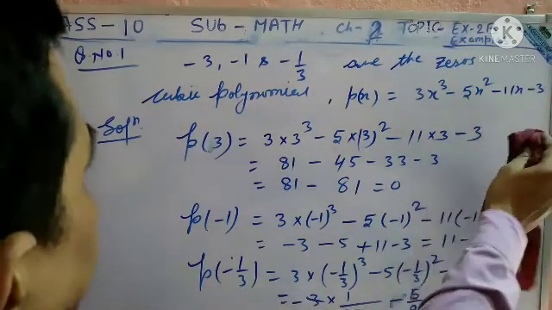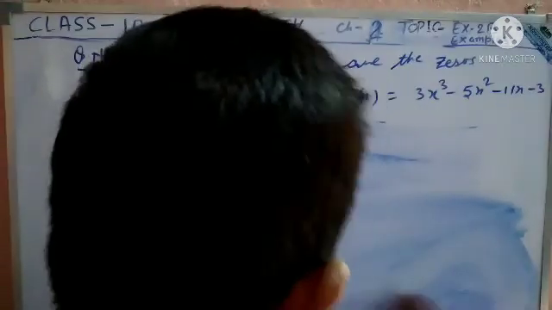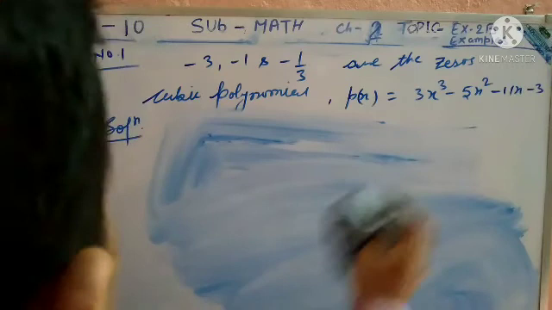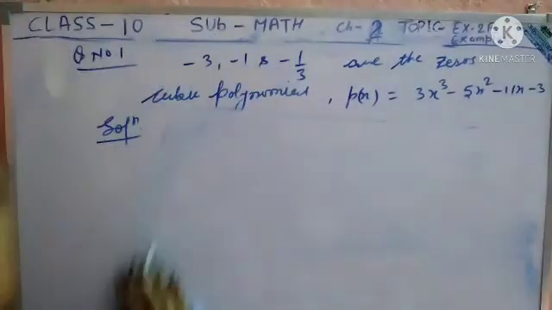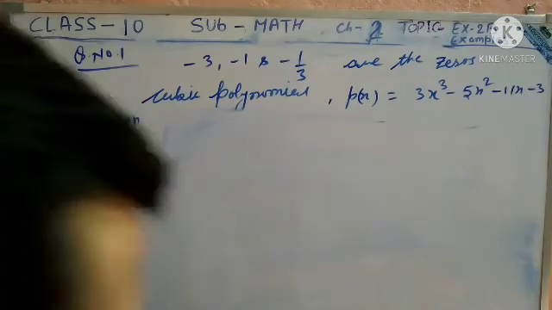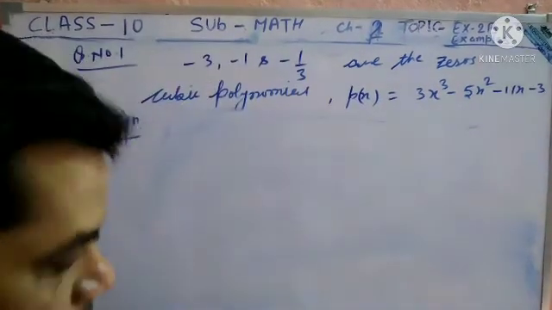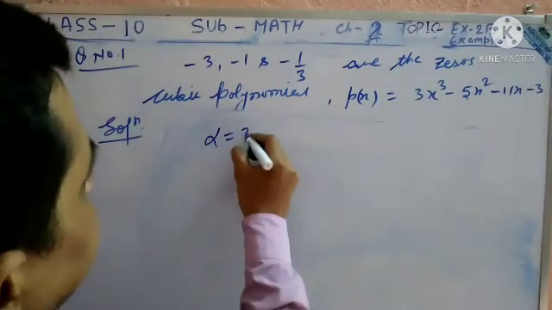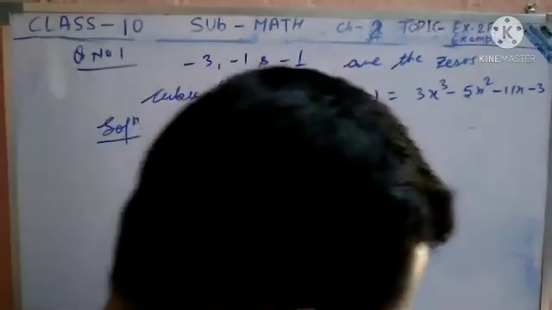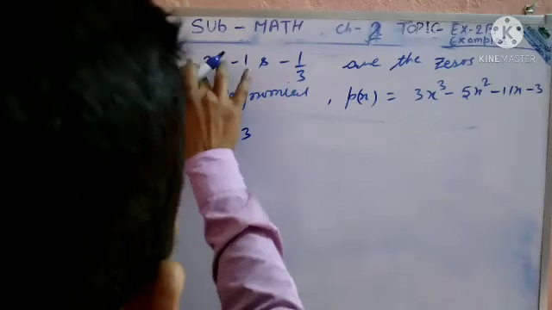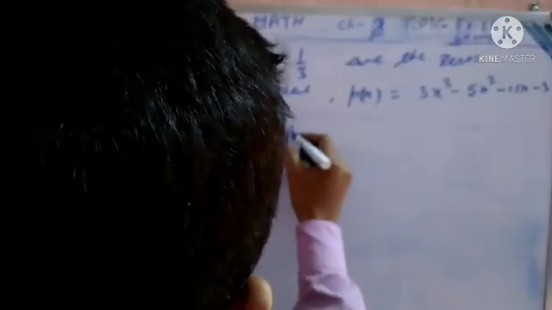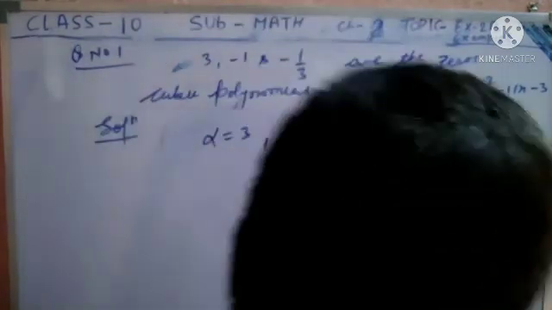Now take alpha is equal to 3, beta is equal to minus 1 and gamma is equal to minus 1 by 3.